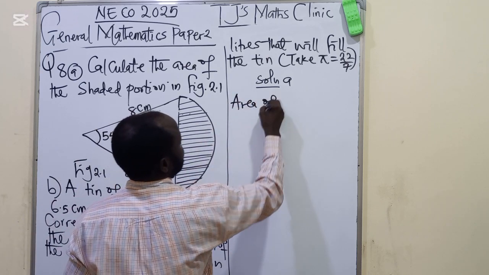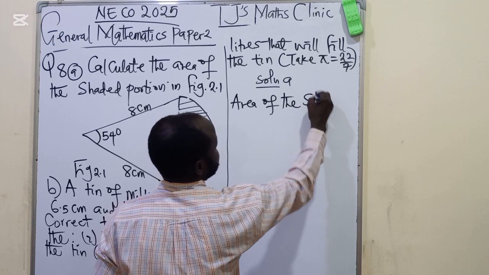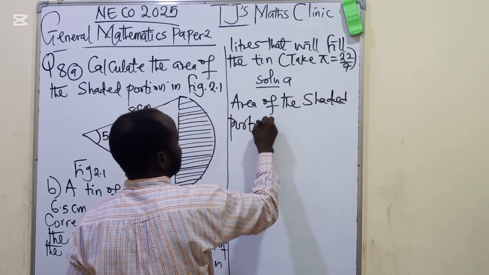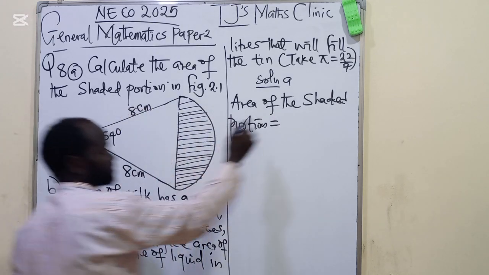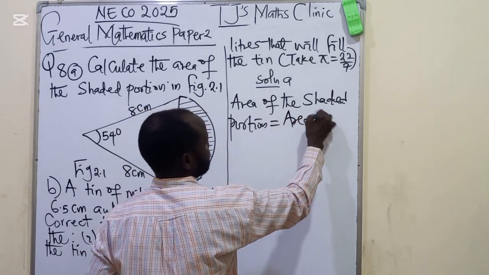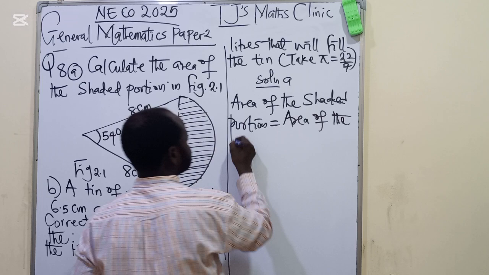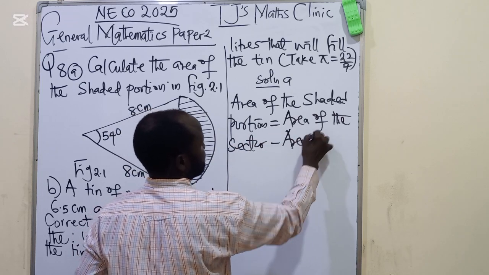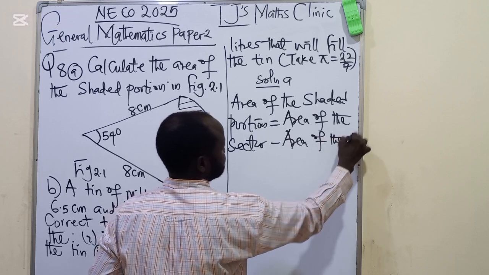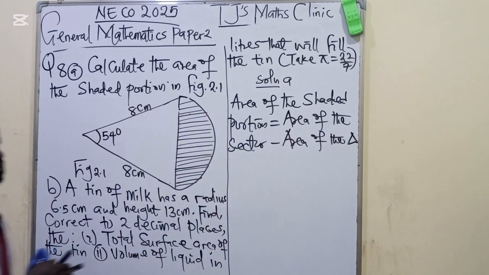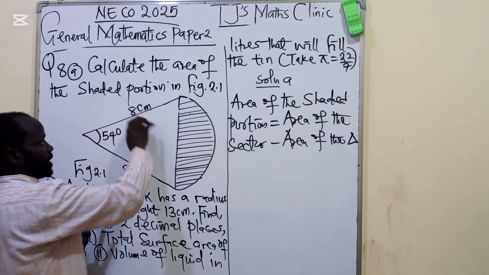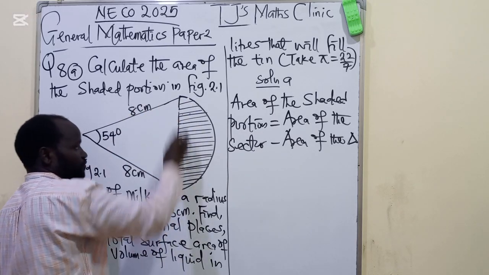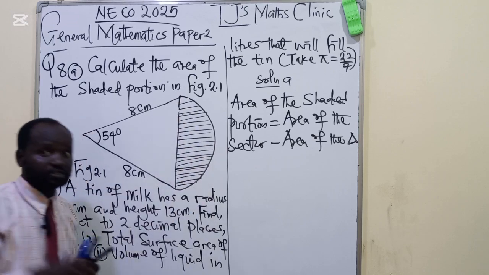Area of the shaded portion will be area of the bigger shape, which is area of the sector, minus area of the triangle. This is the sign for triangle. Very important. So if we can find the area of the entire shape, we now remove this out of it. Whatever we are left with will be the area of this shaded portion.